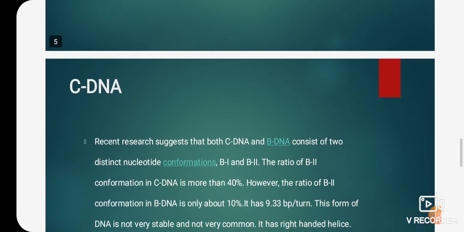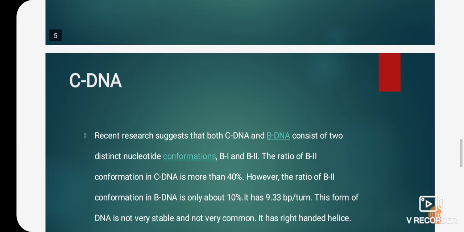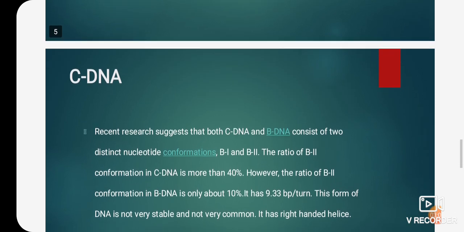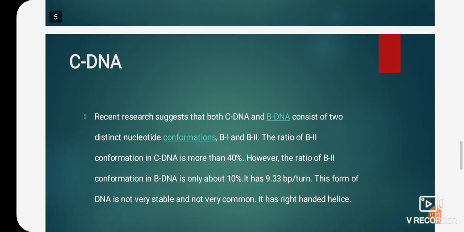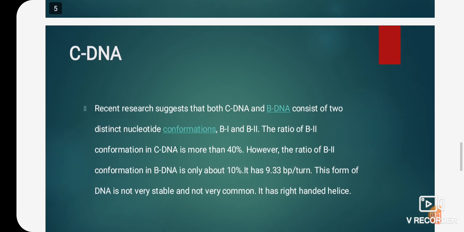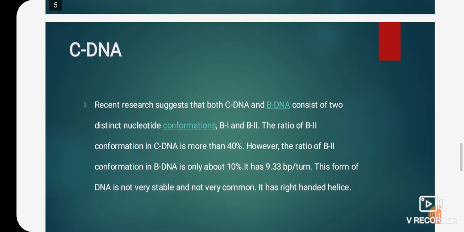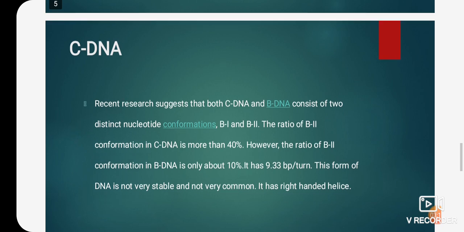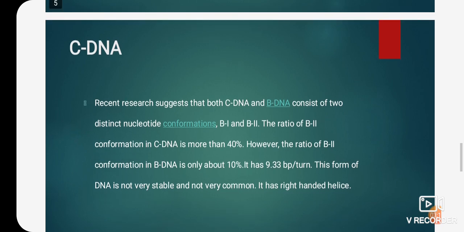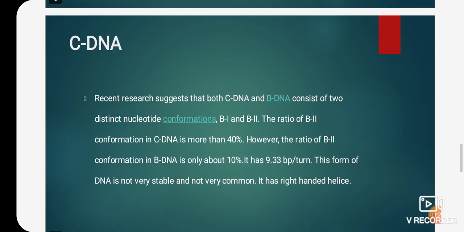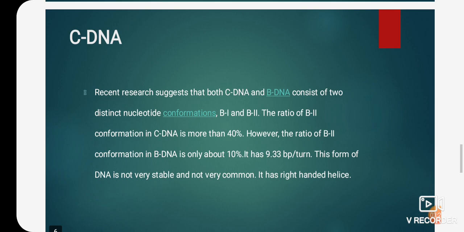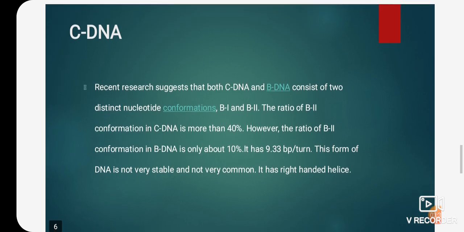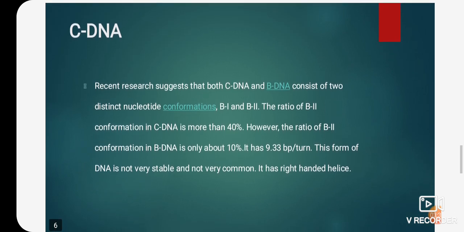So, students, recent research suggests that both C-DNA and B-DNA consist of two distinct nucleotide conformations, B first and B second. The ratio of B second conformation in C-DNA is more than 40%.